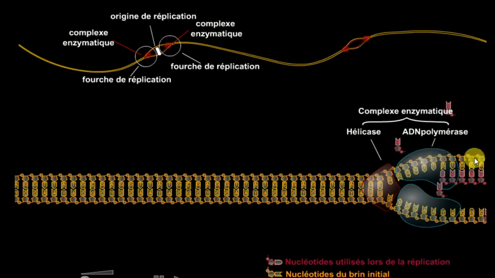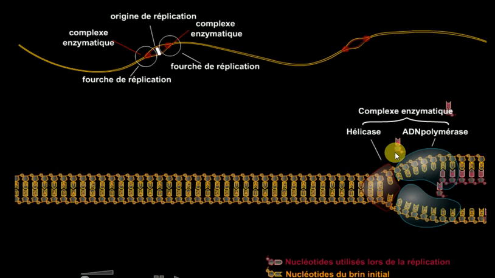Okay, so here you have the old strand in yellow, and here you have the other old strand of DNA, and the DNA polymerase will create two new strands of DNA using the old strands and what you can see here on your screen, what we call the free nucleotides.